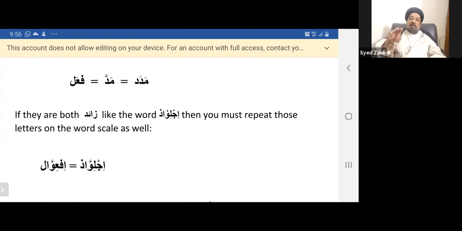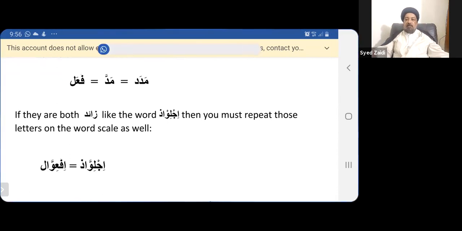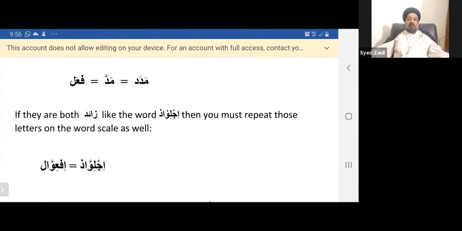So in this kind, the idgham that I'm talking about, the merger of the letters, the first kind is when you see that the two letters that have merged into each other are of the same family, you can say, the same letters, right? So the two letters that you see are huruf asli, dal is asli, dal is asli. Both of the dals are asli in madda, right?